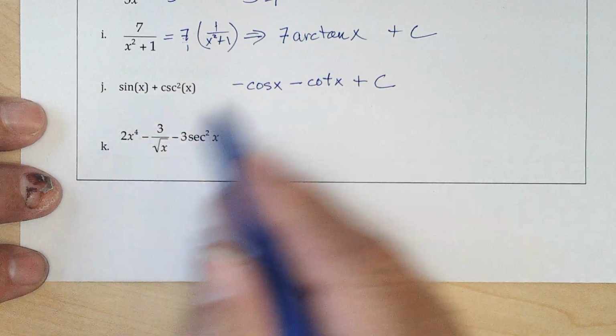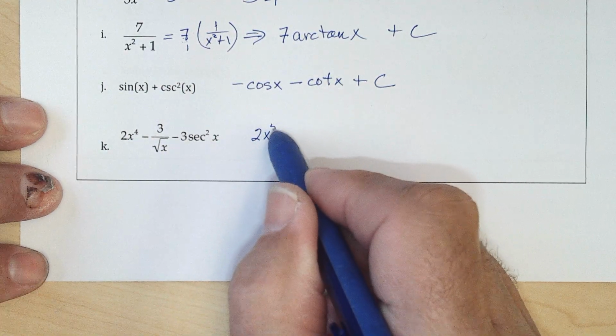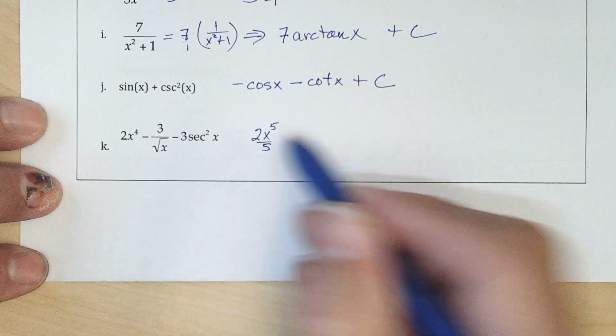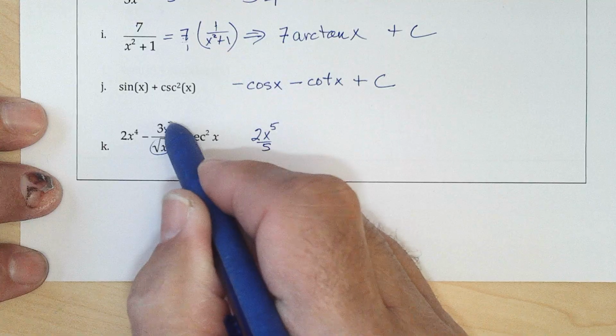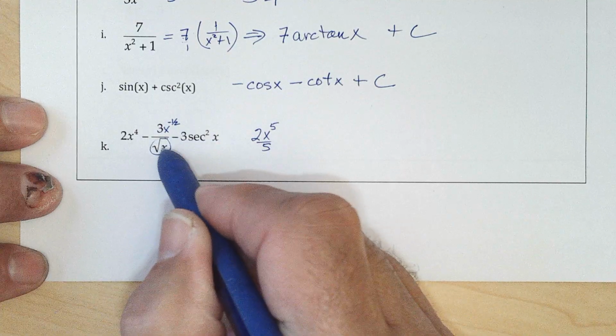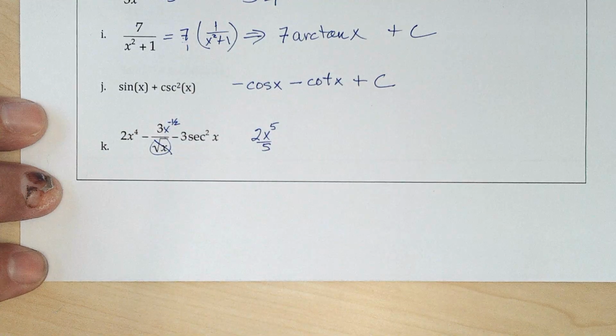This is ready for power rule. Increase the power by 1, divided by 5. This is x to the -1/2, it's 1/2 here, move it to the top, it changes that sign.